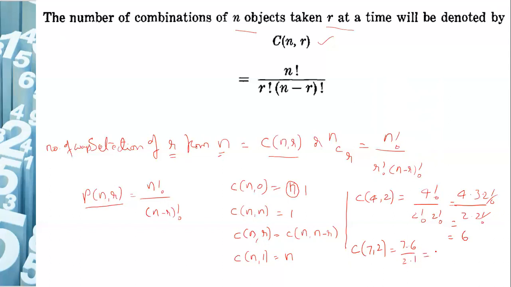Simplifying, the 2 and 3 cancel, so this is 21. So C of 7 comma 2 is 21. The number of terms in the numerator equals r, starting from 7 and decreasing. This is one technique for calculations, and this is the number of ways of selecting r objects from n.